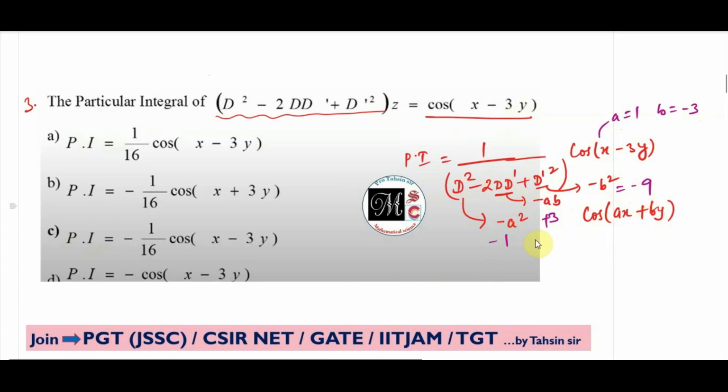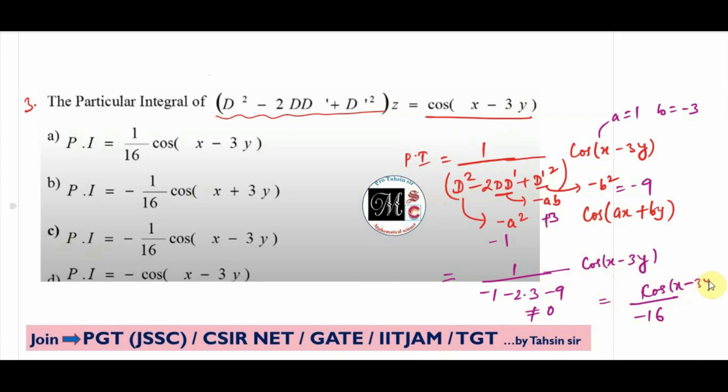Now we can directly put these values if the denominator is not 0. First put minus 1 minus 2 into 3 minus 9, right? This is a non-zero value, so we can put it directly, and we have cos(x minus 3y). So the particular integral is equal to minus 10 and minus 6, so it is minus 1 by 16 cos(x minus 3y). So the correct option is option C.